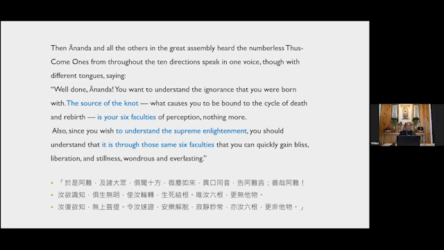The six faculties are very important, very precious. As a human being, it's very precious because we have six faculties. This faculty generates knots and affliction, and this faculty reaches enlightenment. So this is a very important, precious quality that human beings have.